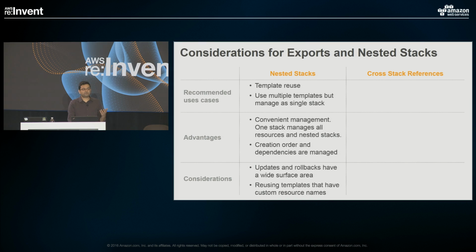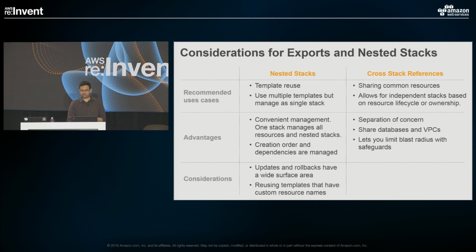In case you have a system that requires a lot of updates, then you have to reconsider whether you want to use nested stacks or cross-stack references. And of course, if you are thinking of reusing templates, you have to make sure that all those child templates are modular and generic in nature so that they can be used across other systems. If you customize them, then you will only use them for one system. The whole concept of reusability might be missed.